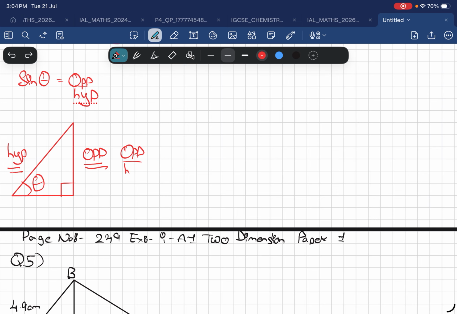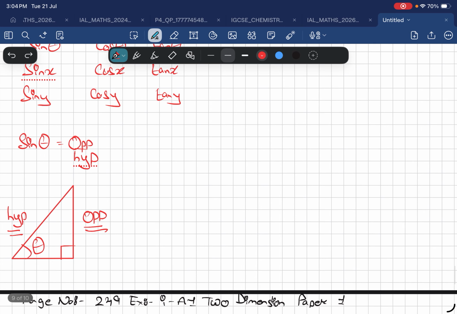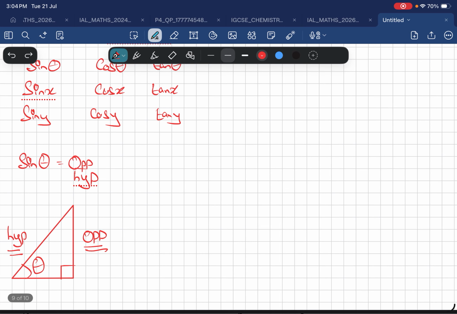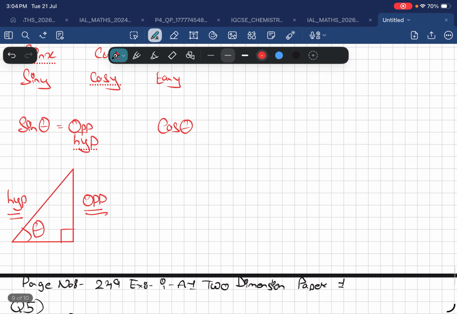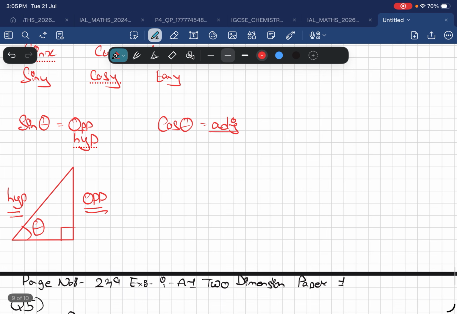Now the same example is for cos theta. So what does cos x mean? How do you find cos x? Cos x means adjacent divided by hypotenuse.